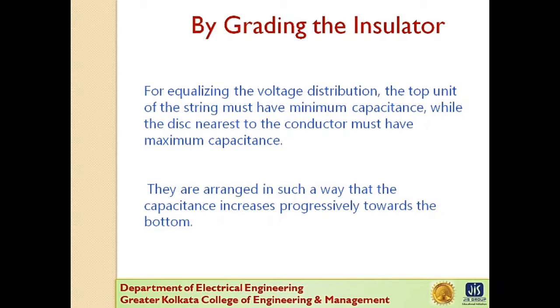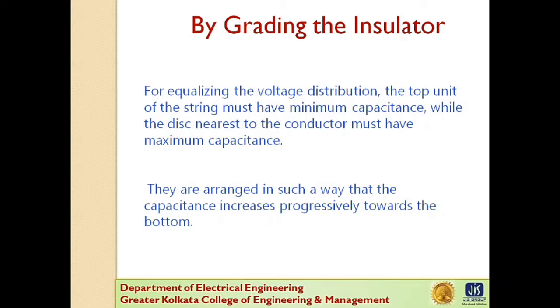The insulators are capacitance graded, that is, they are assembled in such a way that the top unit has the minimum capacitance, increasing progressively until the bottom unit, nearest to the conductor, is reached. Since the voltage is inversely proportional to capacitance, this method tends to equalize the potential distribution across the units.